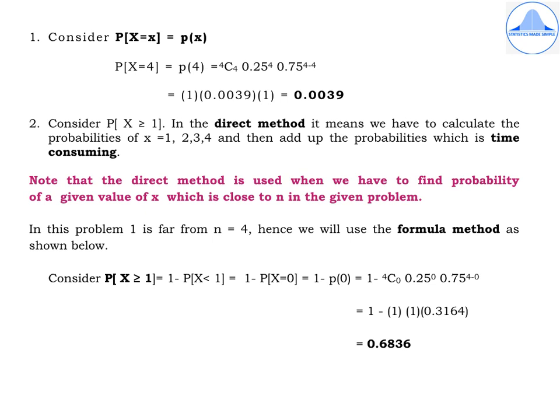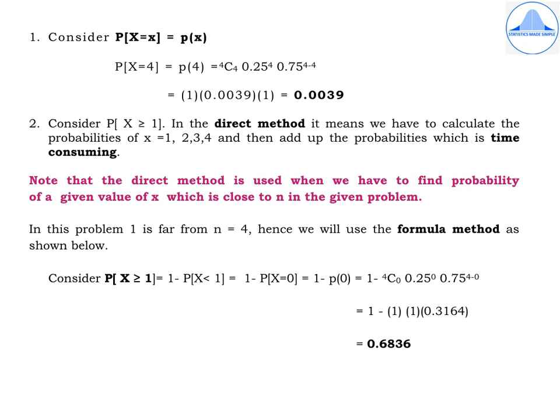What do we understand by x greater than or equal to 1? Now check what is the range for this problem. The range of variation is x equal to 0, 1, 2, 3 and 4.